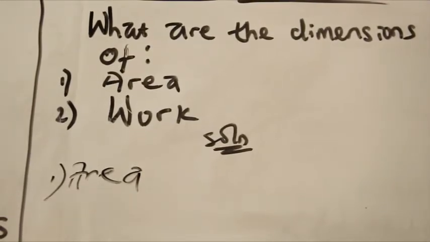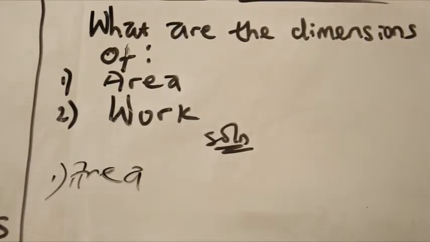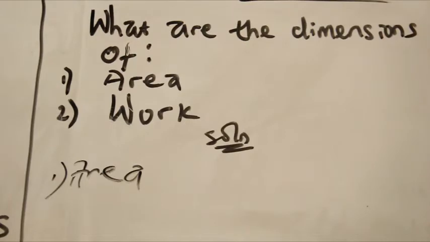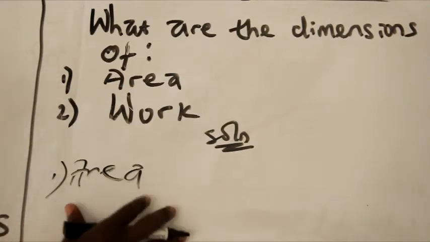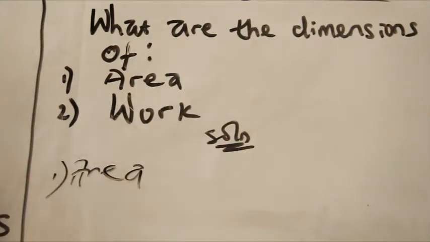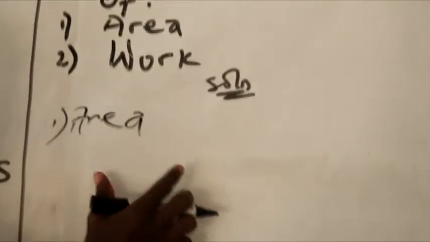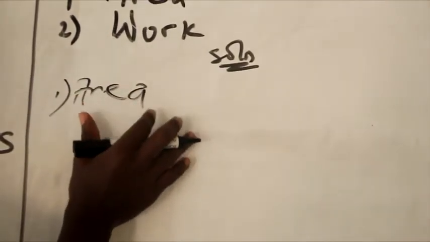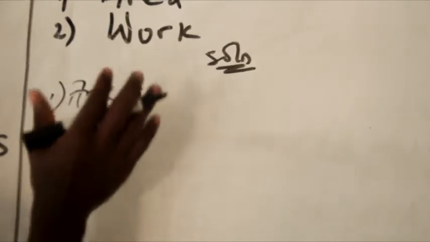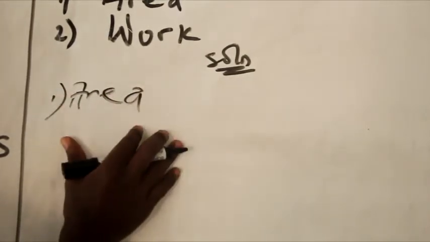Now, the first thing you should always have in mind when trying to get the dimension of a derived quantity is the formula or the derivation of such derived quantity. What do I mean? The first step in arriving at the dimension of area is to know the formula of area, right?